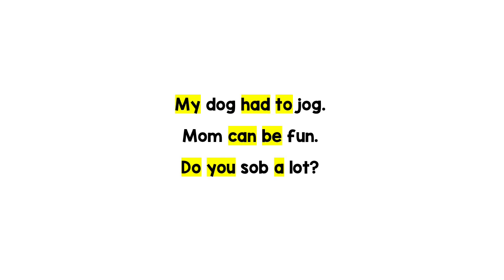Before we read our decodable sentences, let's review some of the high-frequency words we have learned in kindergarten. My. This Y says I. It's the tricky part. My. Had. To.